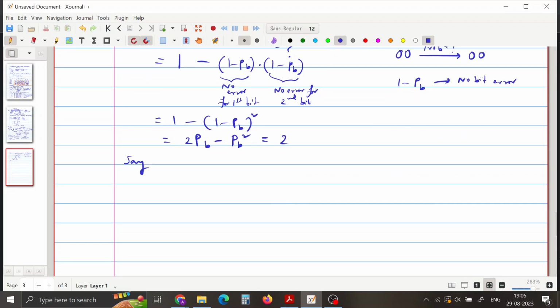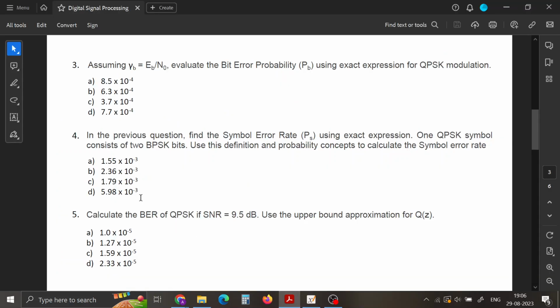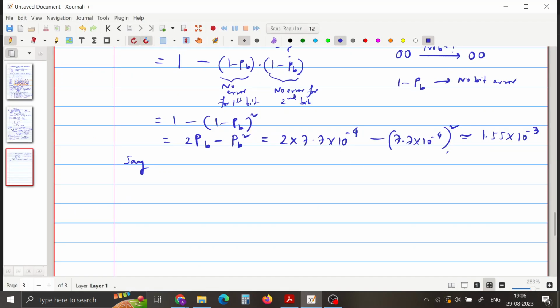If you plug in those values, minus this squared, you will get approximately 1.55 into 10 to the power minus 3. And that's your option A.